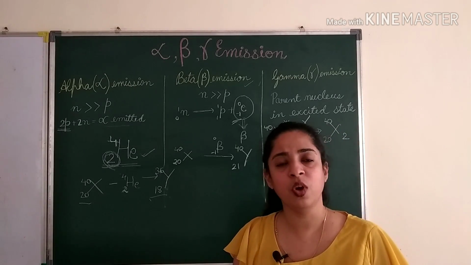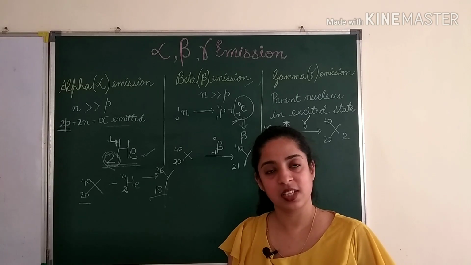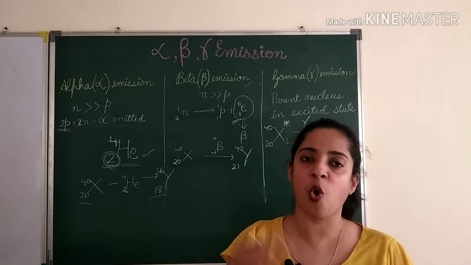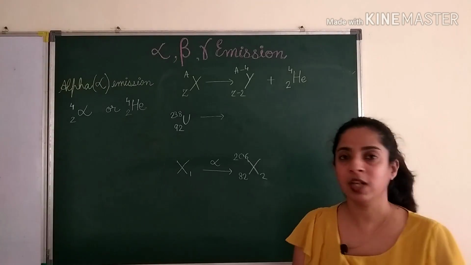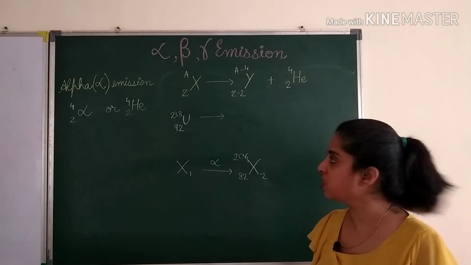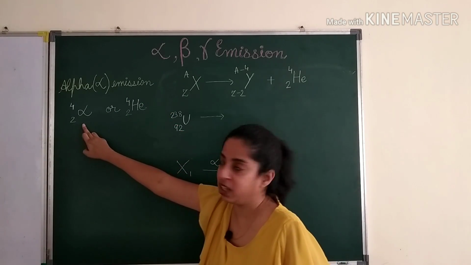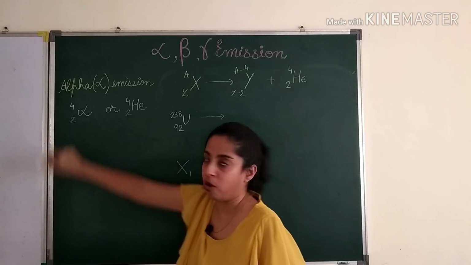Now let us do reactions of alpha, beta and gamma radiations separately, and then we'll do sums in which all alpha, beta and gamma radiations are emitting simultaneously. Let's talk about alpha emission first. To recap, alpha particle can be written like this or like this: atomic number 2, mass number 4.